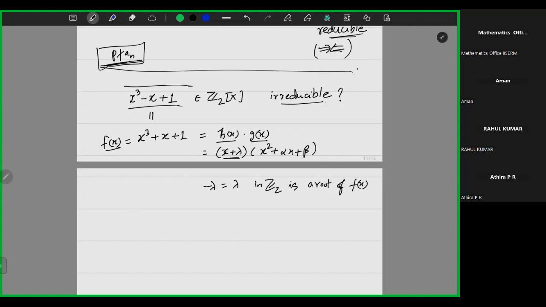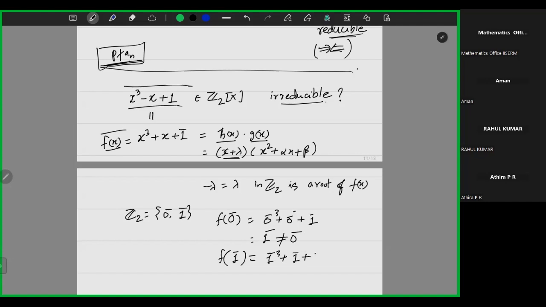So let's check. Z2 has only two elements, 0 bar and 1 bar, right? If you evaluate f of 0 bar, what does it come to? 0 bar cube plus 0 bar, plus or minus doesn't matter here in Z2, plus 1 bar. It is just 1 bar, so this is not 0. F of 1 bar, what is it? 1 bar cube plus 1 bar plus 1 bar. This is 3 mod 2, which is just 1 bar.